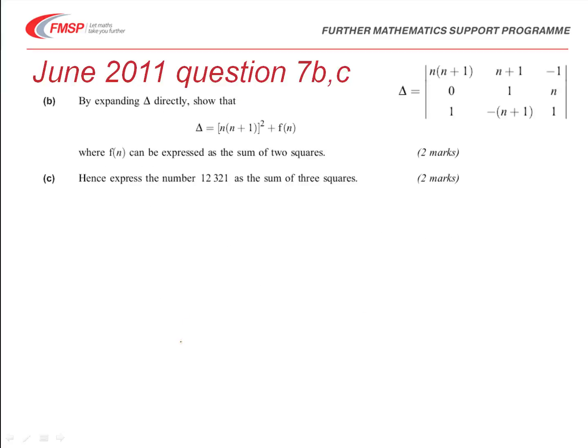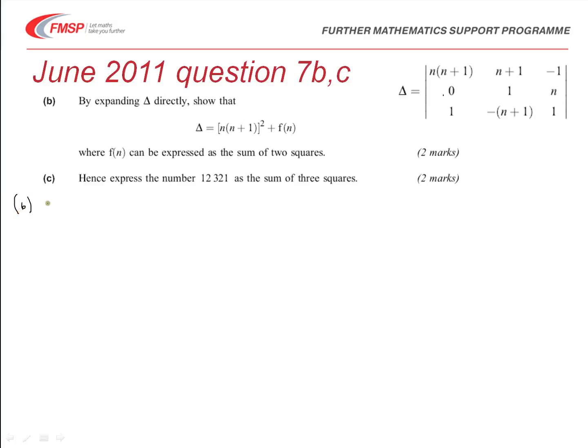Now, what happens in part B? Part B asks you to expand this determinant directly. In other words, you're not going to do any row or column operations, you're just going to expand it using a suitable row or column. We're looking for n plus 1 all squared, and we can see we've got an n plus 1 here. So a sensible thing would seem to be to use the first column because we have a 0 in there.